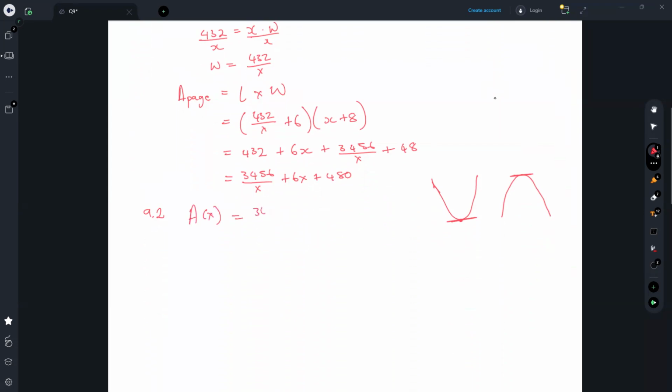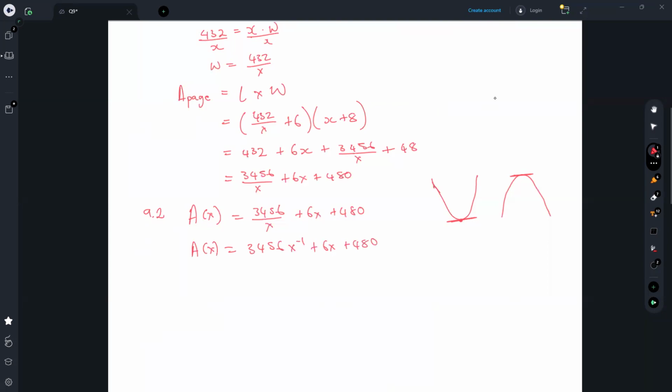So now this is what we have here. A(X) is equal to 456 over X plus that, like that, isn't it? So now, as I've indicated, what we are going to do is derive this. I want to place this in such a way that it is friendly for us to derive. So I'll just rewrite A(X) as 456x to the power -1, plus 6x plus 480.